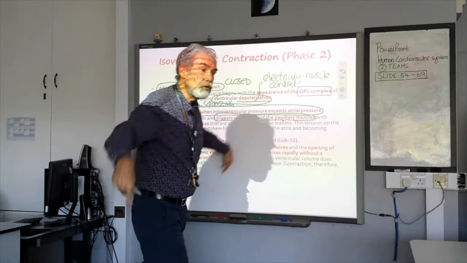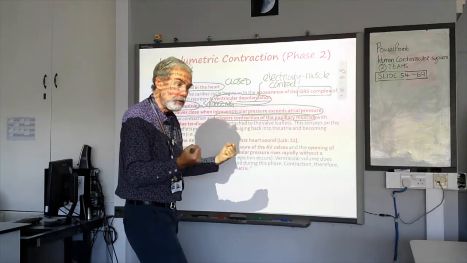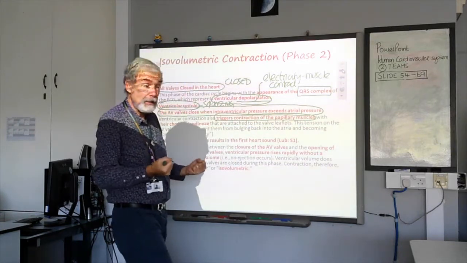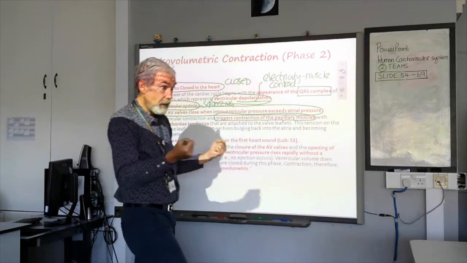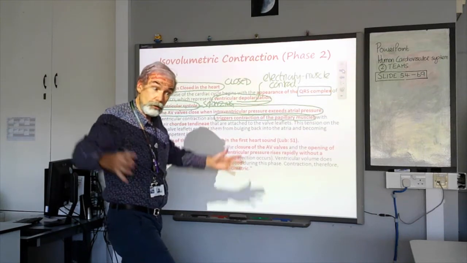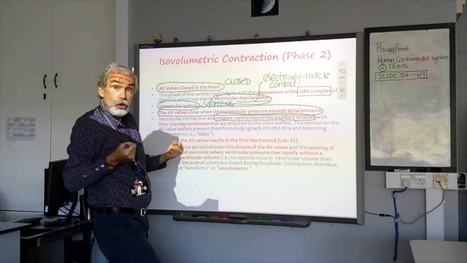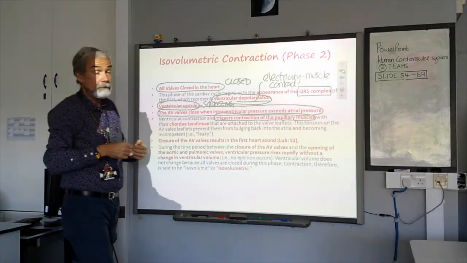The papillary muscle is on the walls of the ventricle, and attached to the papillary muscle are cords. You can think of them as parachute cords. And these parachute cords are attached to the AV valves. So when the pressure goes up and the ventricle squeezes, this papillary muscle pulls on those cords to stop the valve from blowing open the wrong way. And that's what it does.